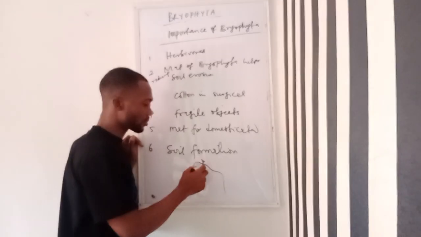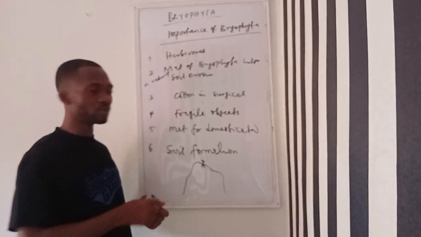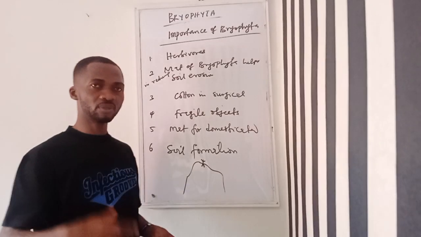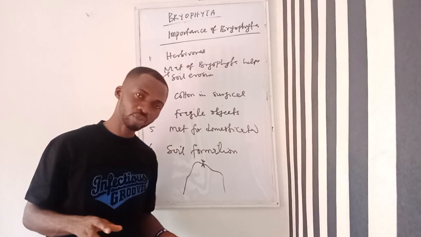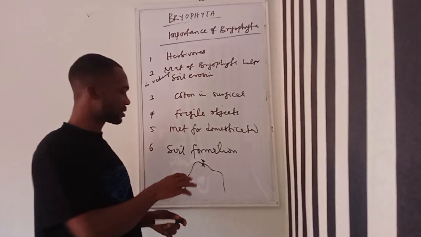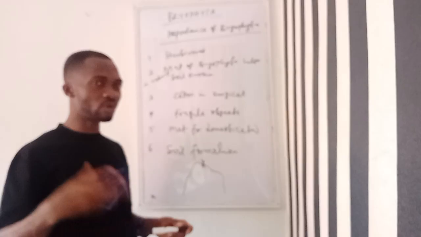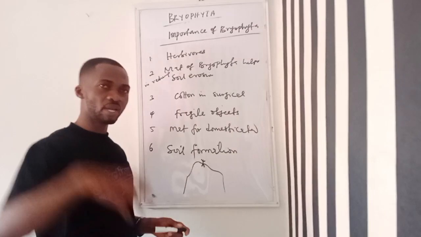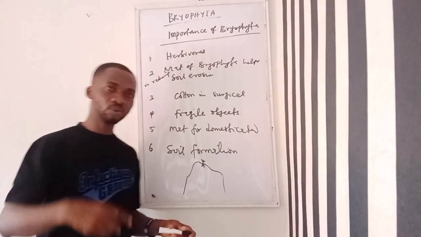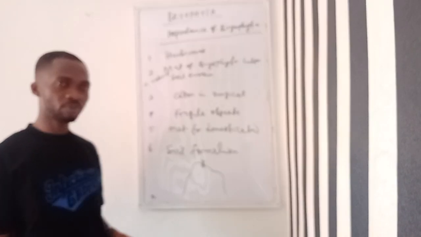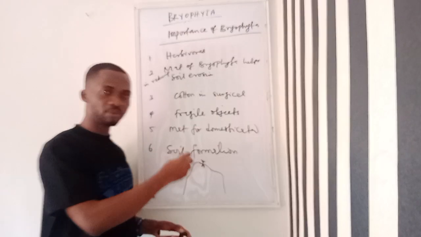As a rhizoid, the root-like structure, goes down the rock, it is disintegrating the rock or exerting a disintegrative action on the rock, and as the rock disintegrates, those little particles of the rock will result in soil formation on the surface of that rock, and other plants can now grow on that little soil that is formed on the rock. So that is how they help in soil formation.